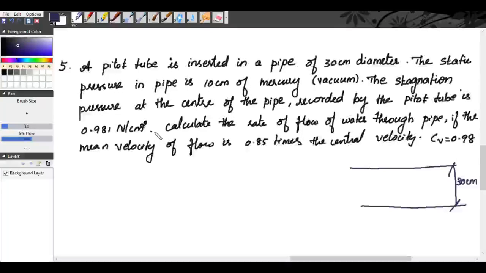That is our P2. So the static pressure in the pipe is 10 centimeter of mercury. The stagnation pressure at the center of the pipe is recorded by the pitot tube. So this is P2 and this will be P1.